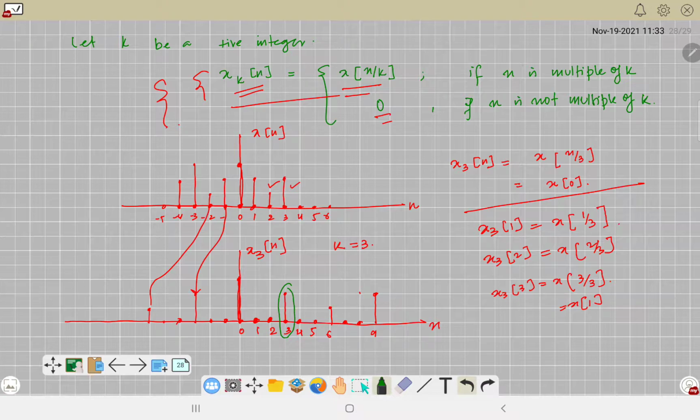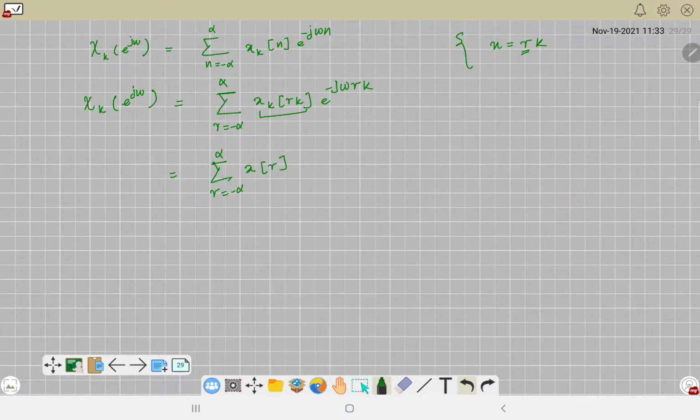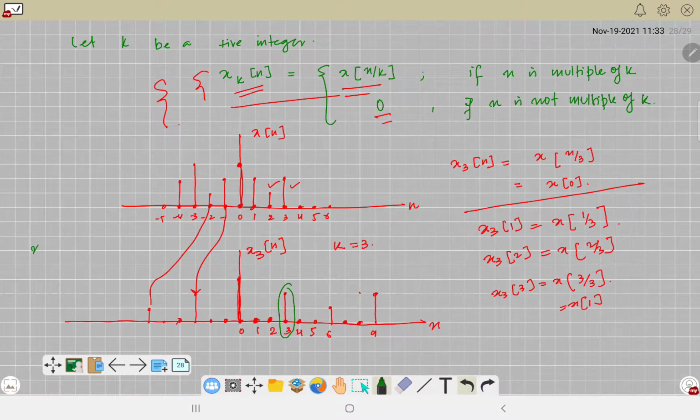In this interval, where n is equal to rk, you will see that the value at the sample points is actually equivalent to x[r]. Fine. For r equal to 1, this value came here, this value here, similarly this.